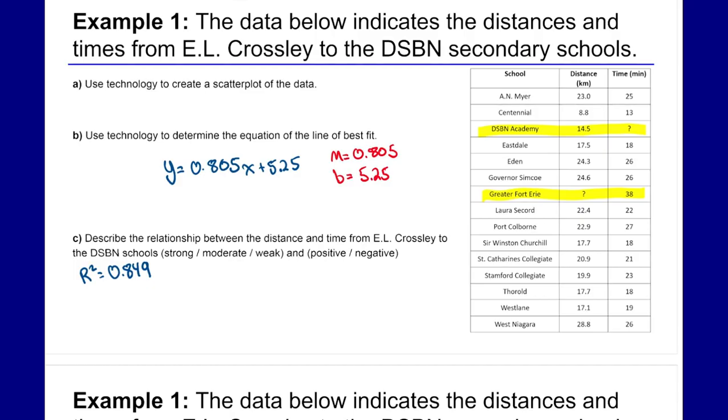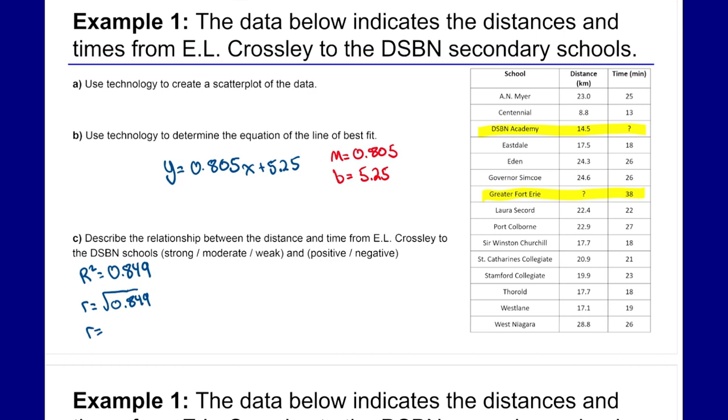So let's come back. My R value is actually going to be the square root of our R squared value, or 0.849. We get an R value of square root of 0.849.